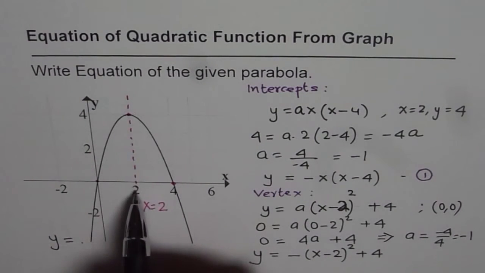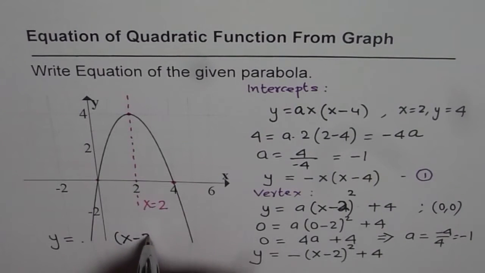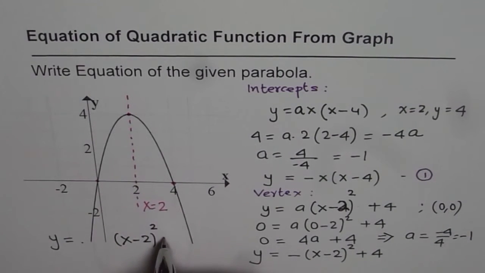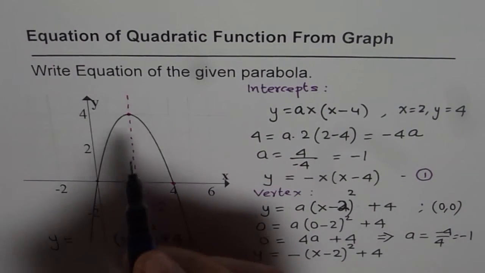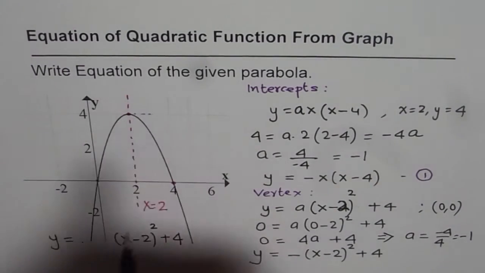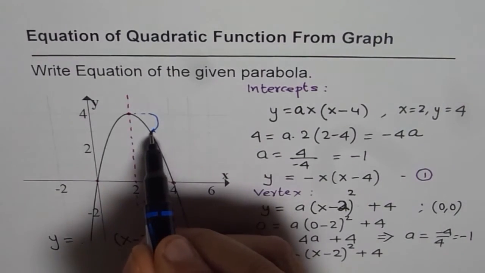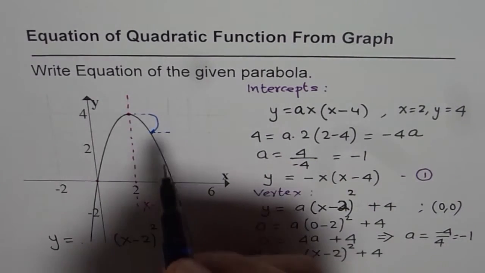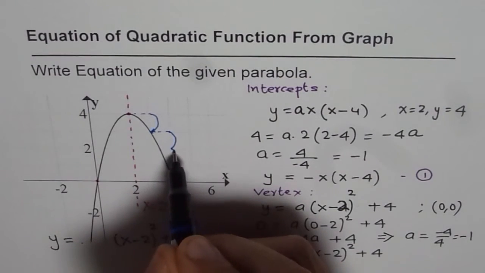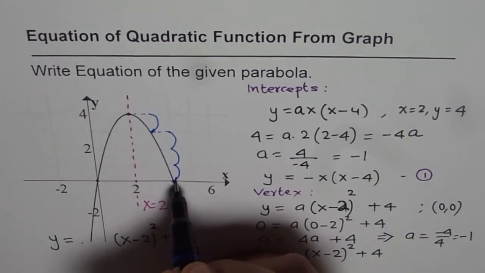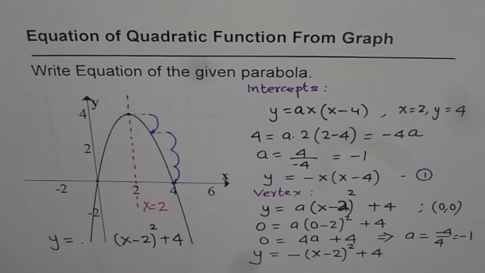Vertex is at x value of 2, so I'm writing x minus 2 whole square plus 4. Now to find the value of a, we can actually count the steps. As we can see from the vertex, if I move 1 unit away, I am 1 down, right? Now for the second step, we have to go 1, 2, and 3 down. And therefore, the steps for us are 1, 3, 5, 7, and so on.